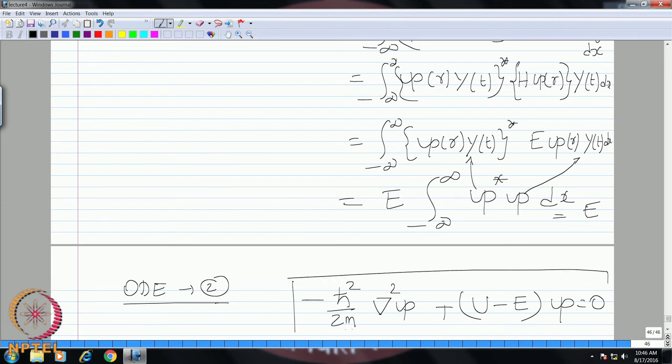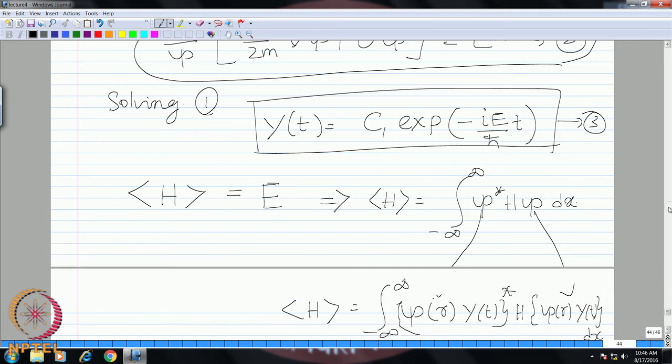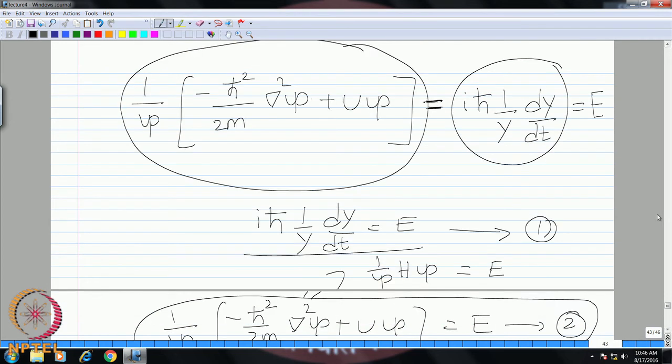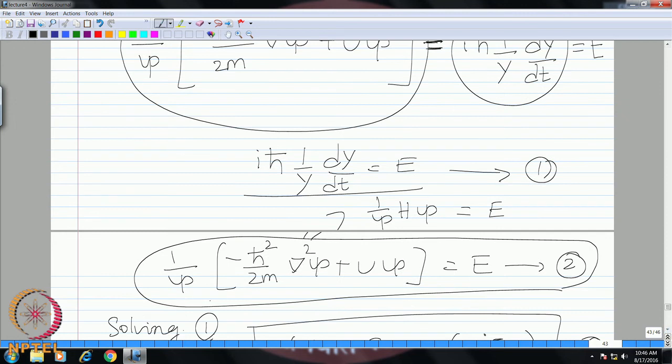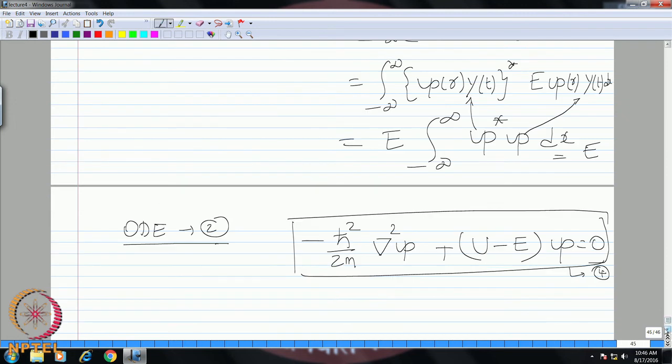So, this becomes the second ODE to be solved. We will call this as equation number 4. So, I am just rewriting this equation here by bringing E psi to the left hand side. Okay.